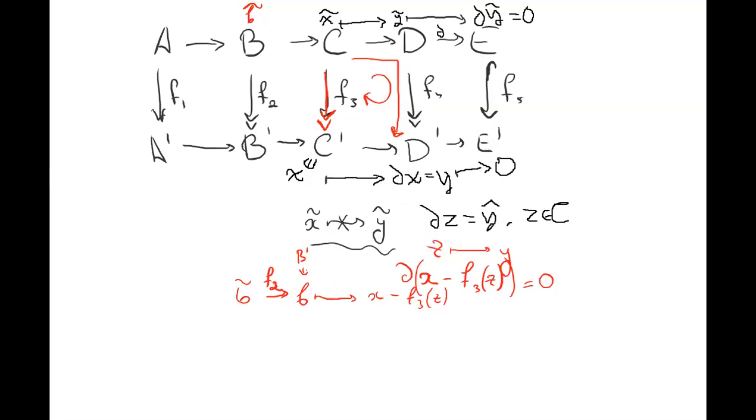You mean B tilde maps to X tilde? Well, it is not true because you have here the boundary of B tilde, and because this square is commutative, F of B tilde maps to the difference between X and, whoops.